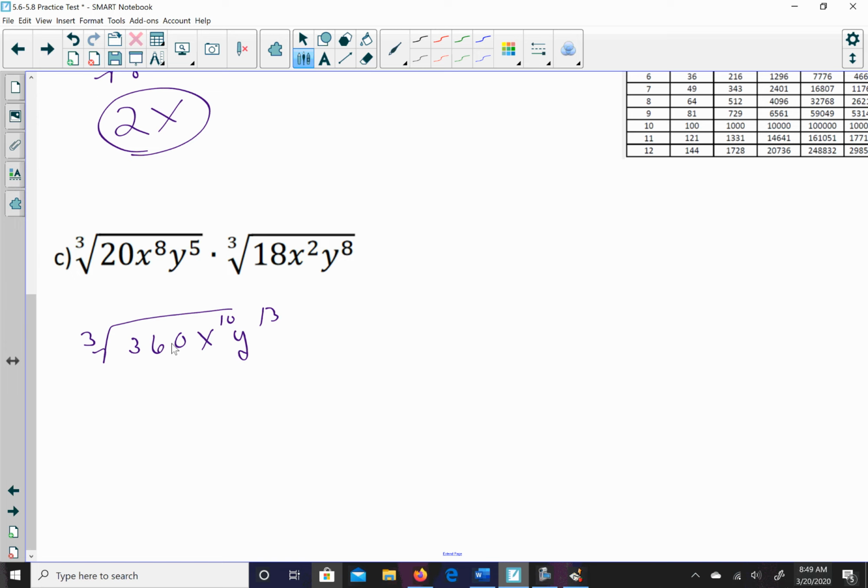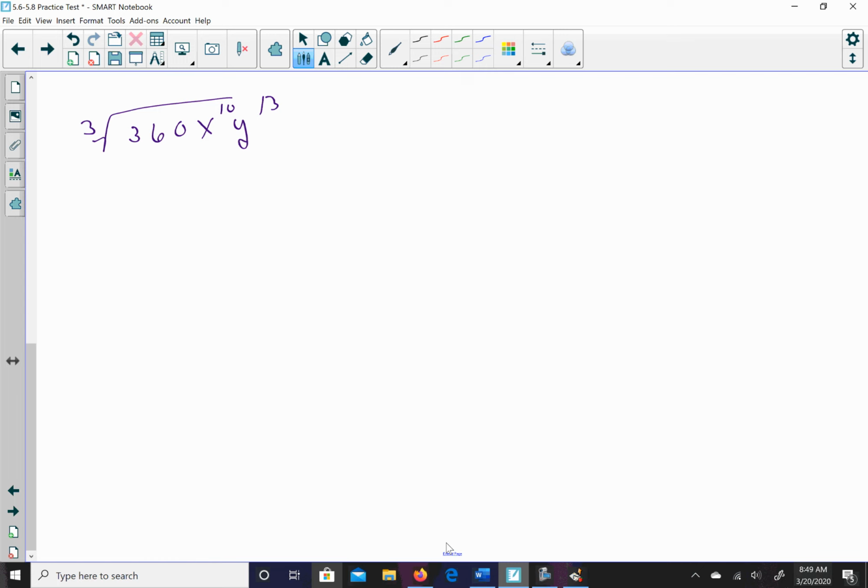You can think of this as splitting it up into 3 separate problems. So the first thing I'm going to do is take the cubed root of 360, the cubed root of x to the 10th, and the cubed root of y to the 13th.